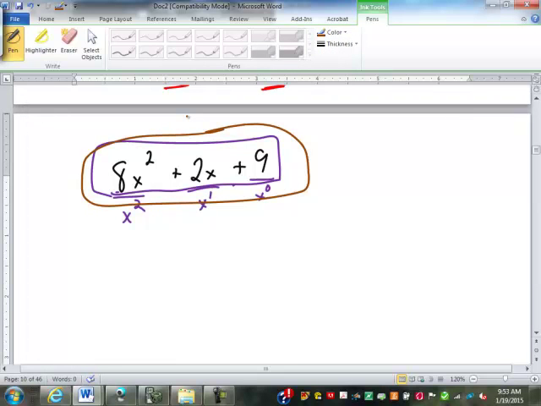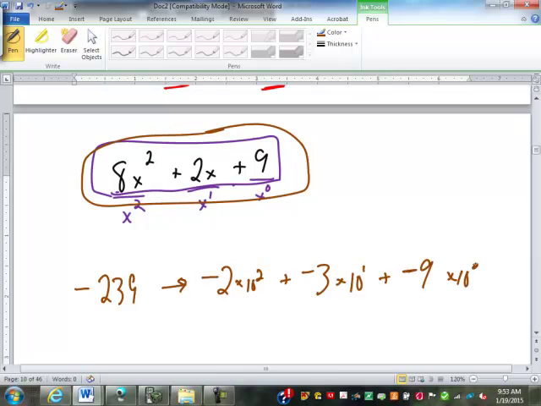The other difference is in a whole number, every digit must be positive or every digit must be negative. If I have negative 239, that is a negative 2 hundreds and a negative 3 tens and a negative 9 ones. I could have written the words hundreds and tens and ones in here if I wanted to.